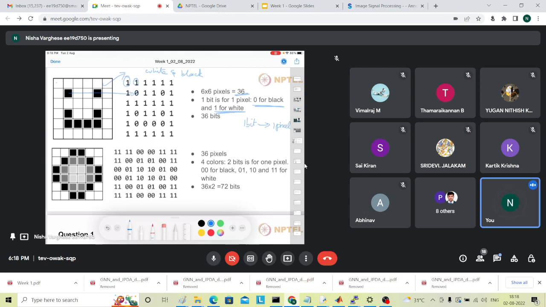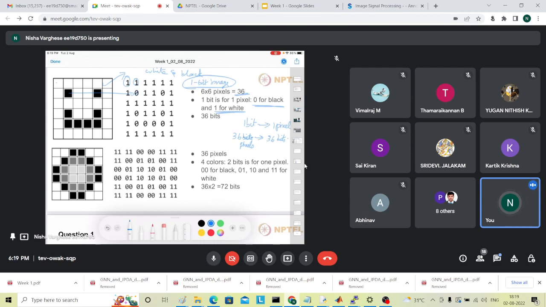Okay, so for storing 36 pixels, we'll use how many bits? 36 bits will be used to represent the whole image. Okay, so this type of image is known as 1 bit image. Why? 1 bit is used to represent 1 pixel.